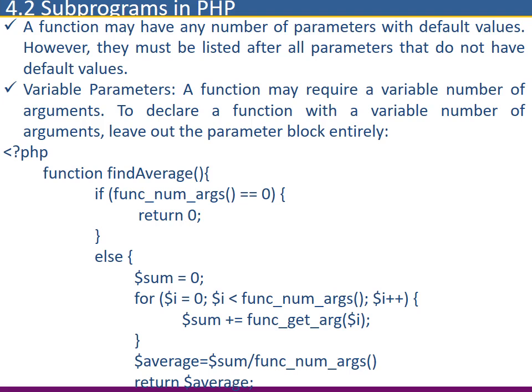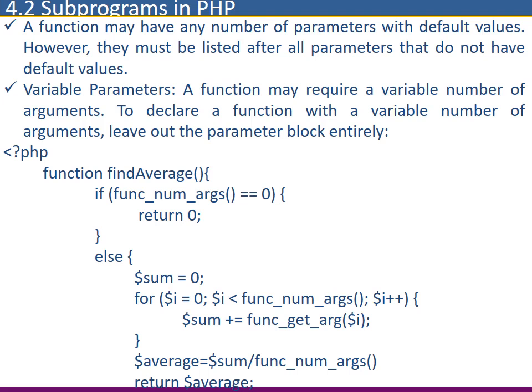So let's see the example code here with the variable parameter that we are discussing. Starting with the PHP function findAverage, we open the parentheses.